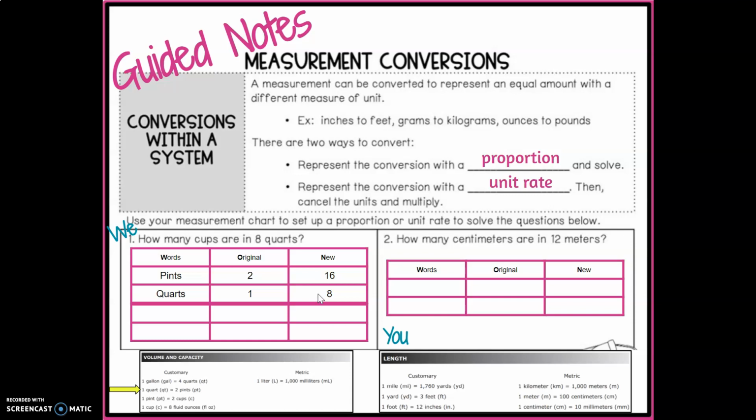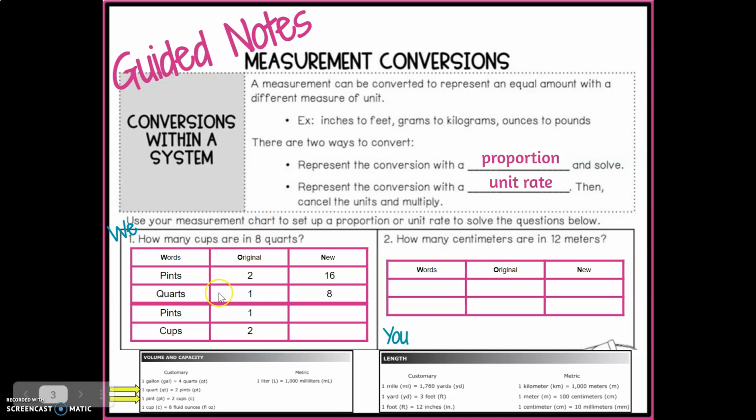This is not my answer because I'm looking for cups. So I need to go down here and look for 1 pint equals 2 cups. So now I'm going to take this 16 up here and I am going to do pints and cups. I'm going to look down on my chart here and say 1 pint equals 2 cups. And so I'm going to put that ratio here.